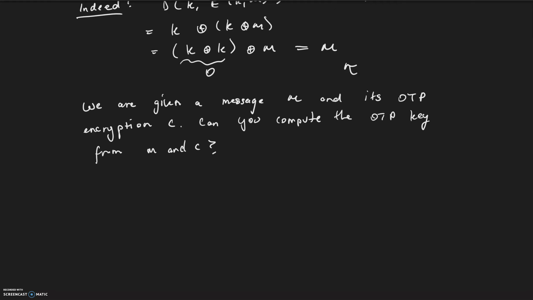Right, so in other words, if we're given this pair M and C, can we actually figure out the OTP's key that was used in the creation of C from M? And of course, the answer to this is yes. The key is K equals M XOR C, right?